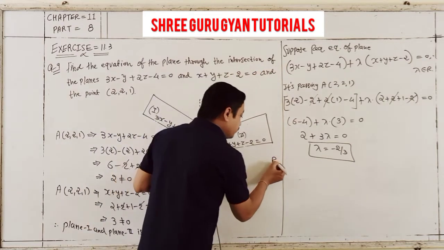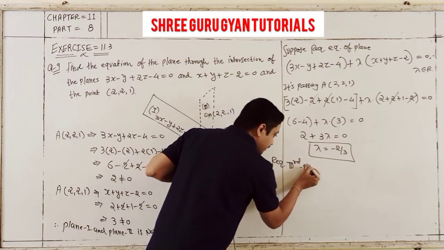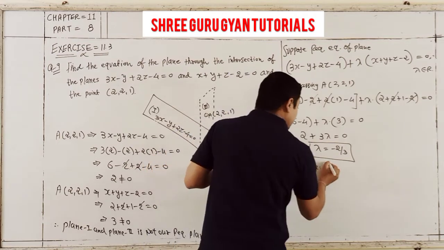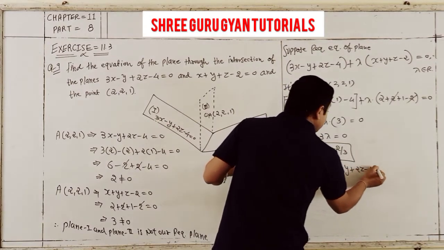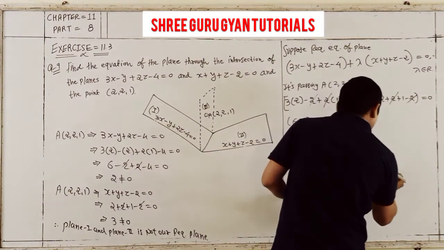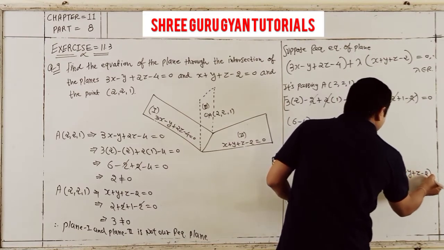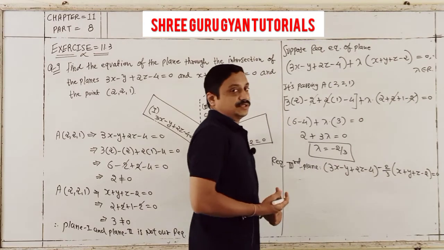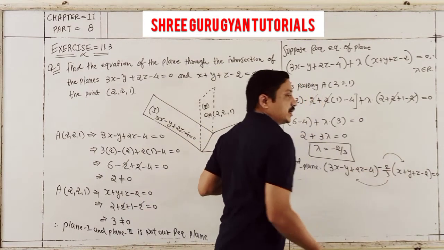So the required third plane is 3x minus y plus 2z minus 4 minus 2 by 3 times (x plus y plus z minus 2) equals 0. Just take the 3 upside and 2 to the right side.